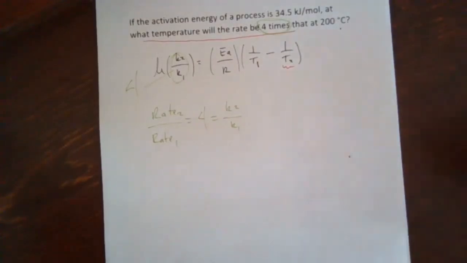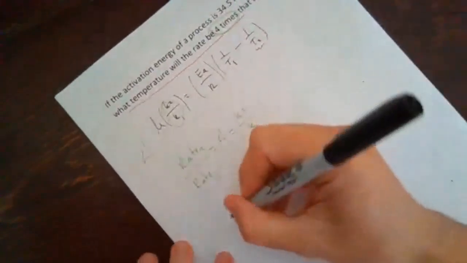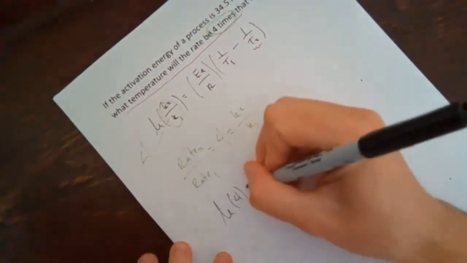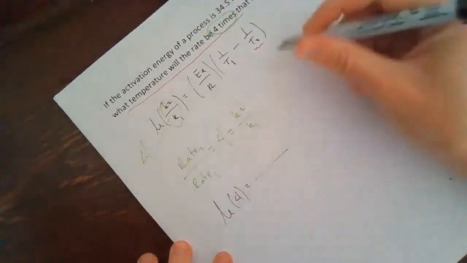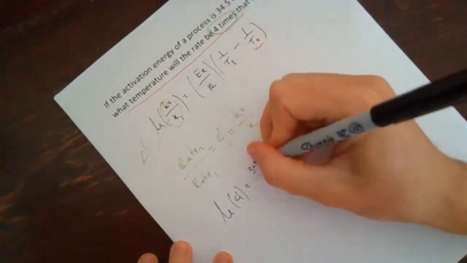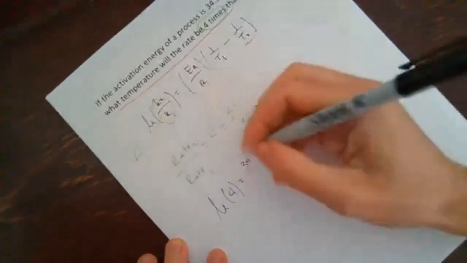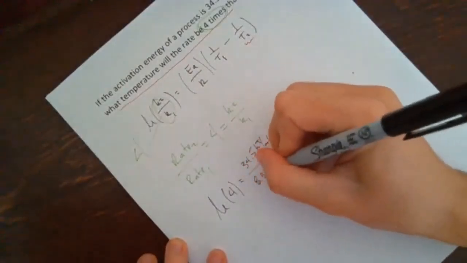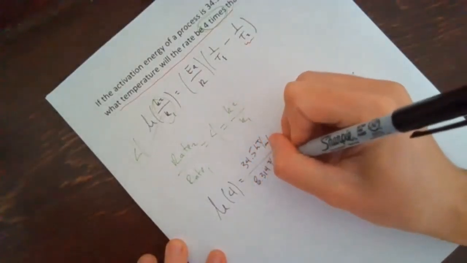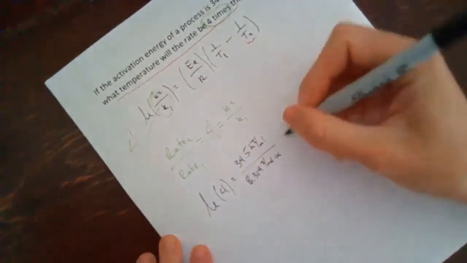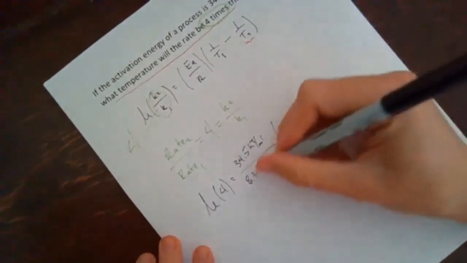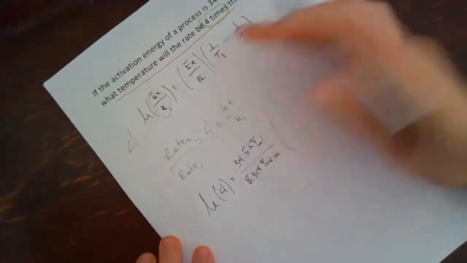So with that in mind, we can take our equation and plug some things in. So I have ln 4 is going to be equal to Ea, which is 34.5 kilojoules per mole. R as my gas constant, I'm using 8.314 joules per mole Kelvin, just like Clausius-Clapeyron. We always use 8.314 joules per mole Kelvin.